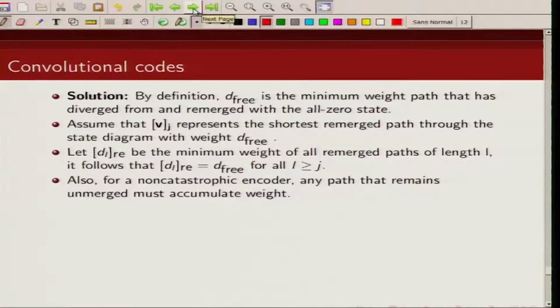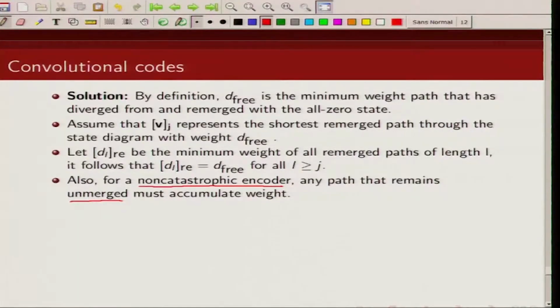Now, what are non-merge paths? These are paths which have diverged from the all 0 state but have not yet merged to the all 0 state. So, those are unmerged paths. Now, for a non-catastrophic encoder, any path that is not merged must accumulate weight.